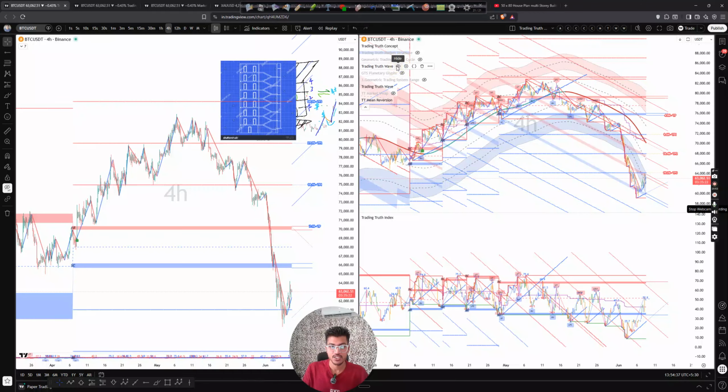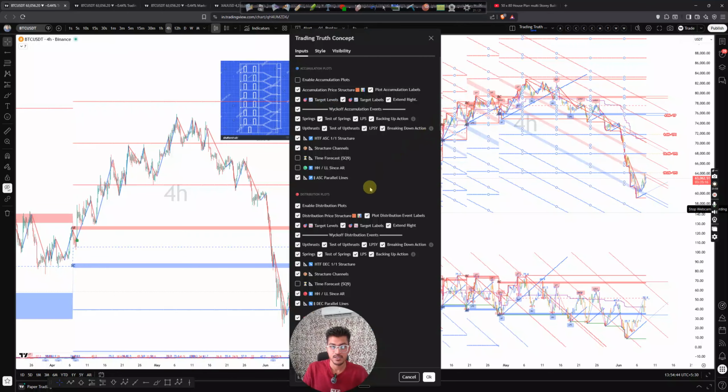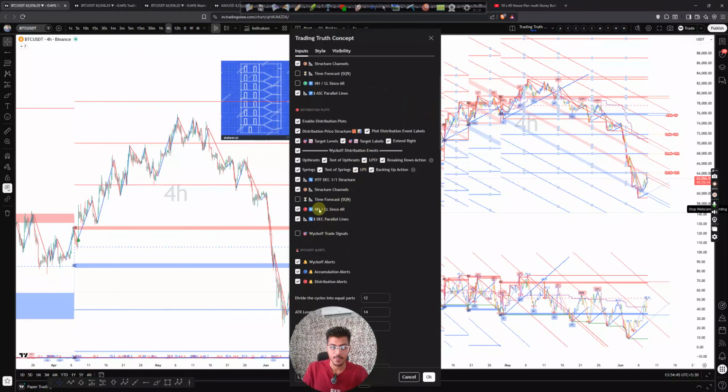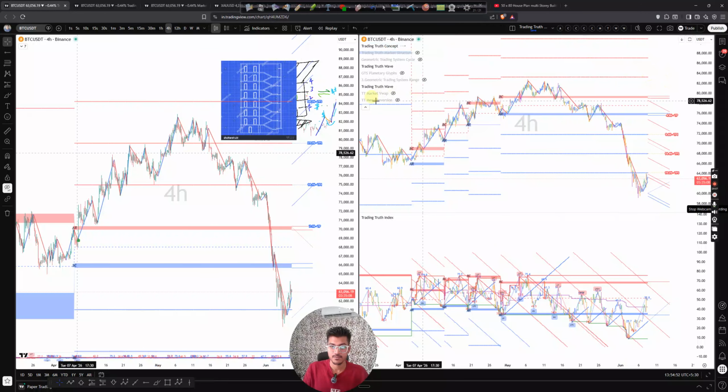Let me disable that here. I'll do the same thing. There we go. You see the distribution structure there. Market came down from there, right? This was that point there.